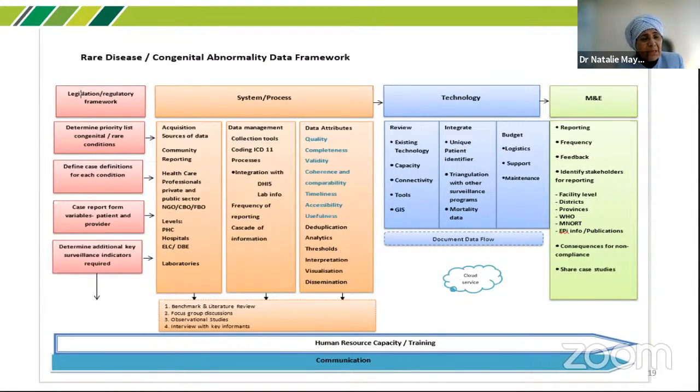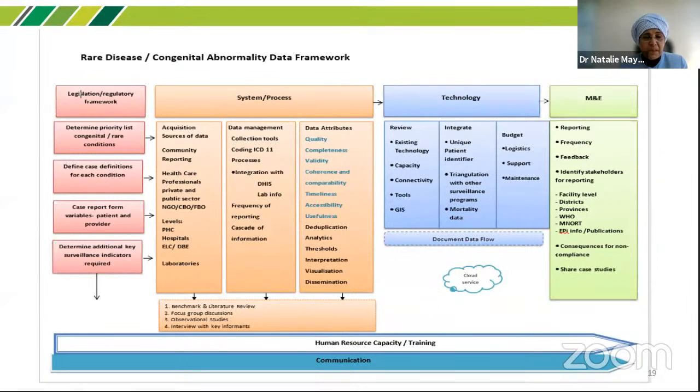Next slide. This is a rather busy slide, but it's something that I want to spend a little more time on, because this is a proposal of a framework for a surveillance plan for rare diseases. And unfortunately, I'm going to raise more questions than answers, but I think it's a good opportunity for us to debate and discuss.